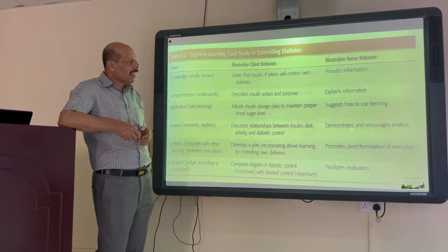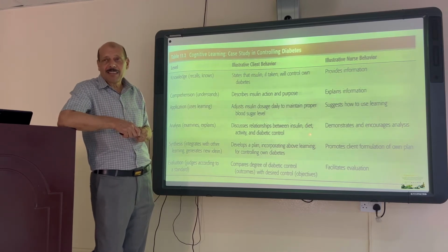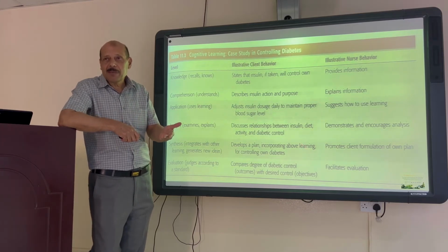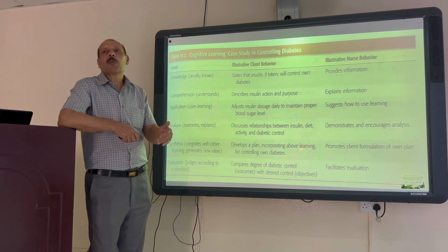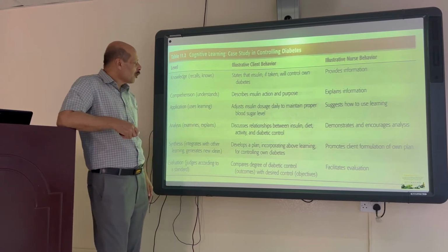So we have to demonstrate and encourage analysis of that. What will happen with him after doing an activity? To check the blood sugar after that and to see how it affects the blood sugar of the patient.